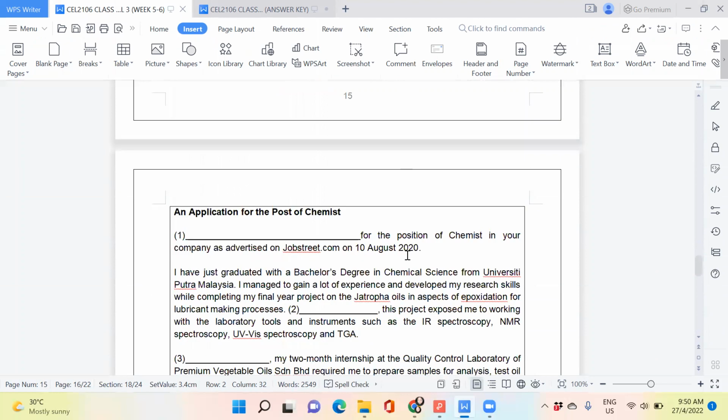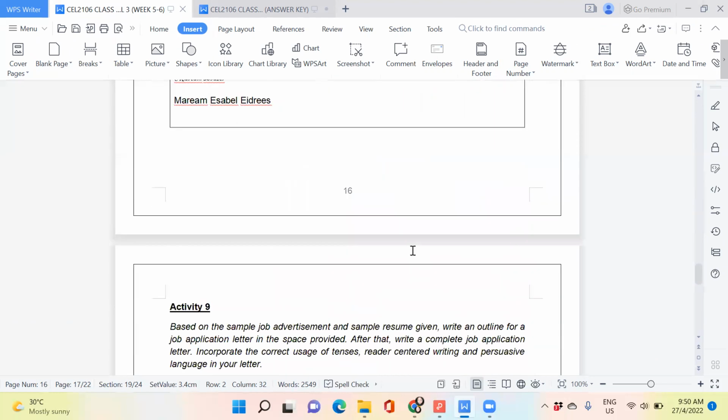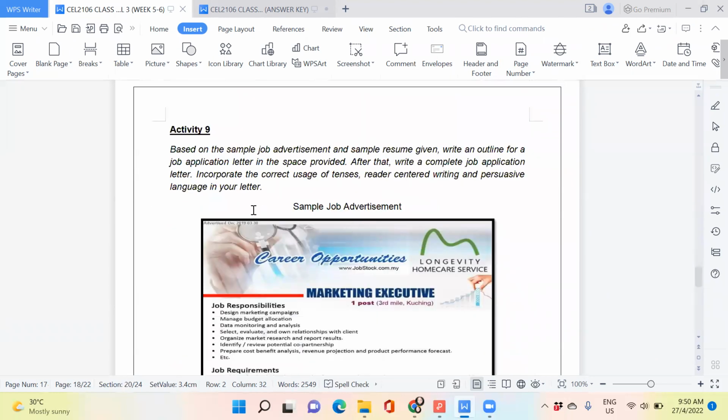Now let's look at the next one. Okay, this is the last activity. Based on the sample job advertisement and sample resume given, write an outline for a job application letter in the space provided. After that, write a complete job application letter.